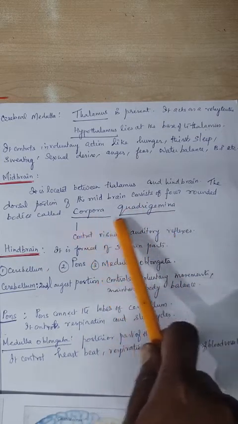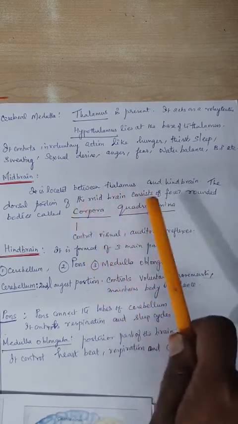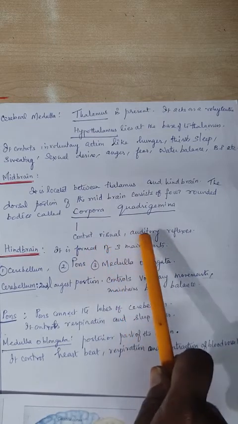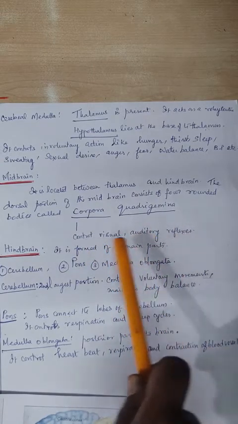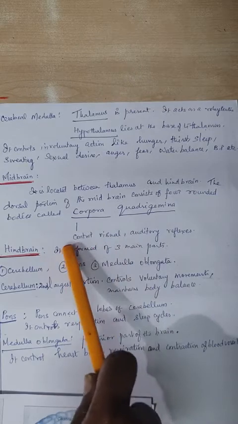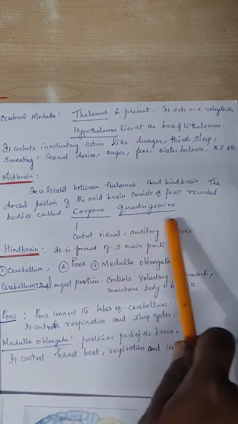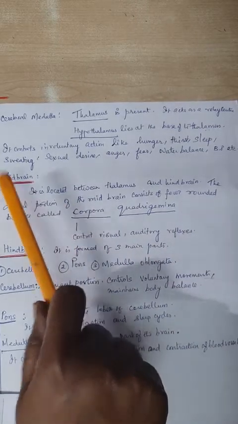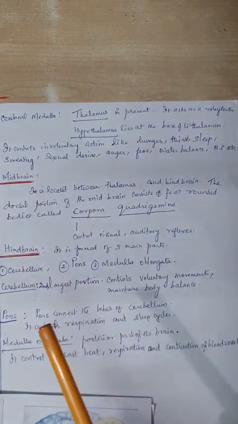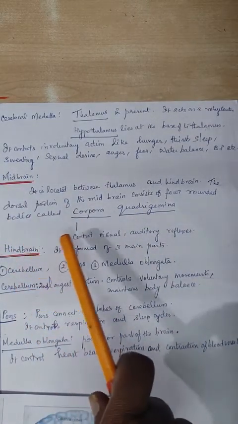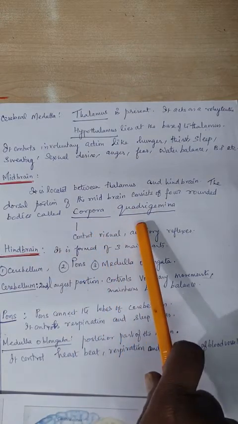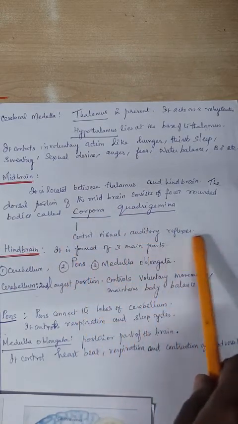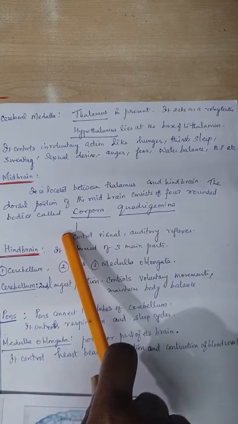What is the function of this corpora quadrigemina? It controls visual and auditory reflexes. Whatever you are visualizing, whatever sound you are hearing, all these are controlled by this midbrain. Try to remember the midbrain is made up of corpora quadrigemina, and try to learn its functions.